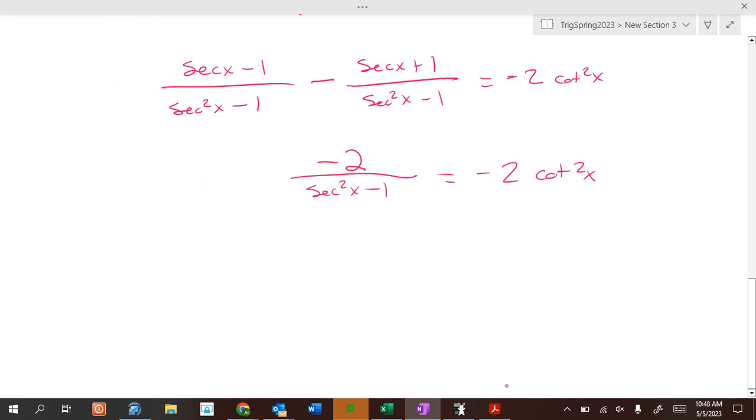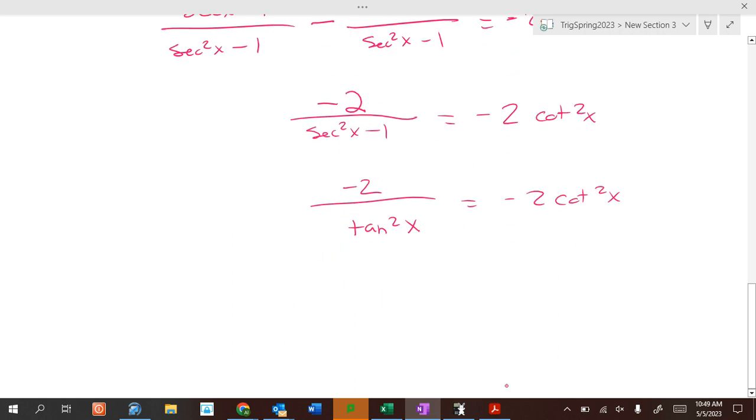Secant squared of x minus 1 is tangent squared of x. So tangent squared on the bottom is the same as cotangent squared up top. Okay, so those might be some that you'll see.